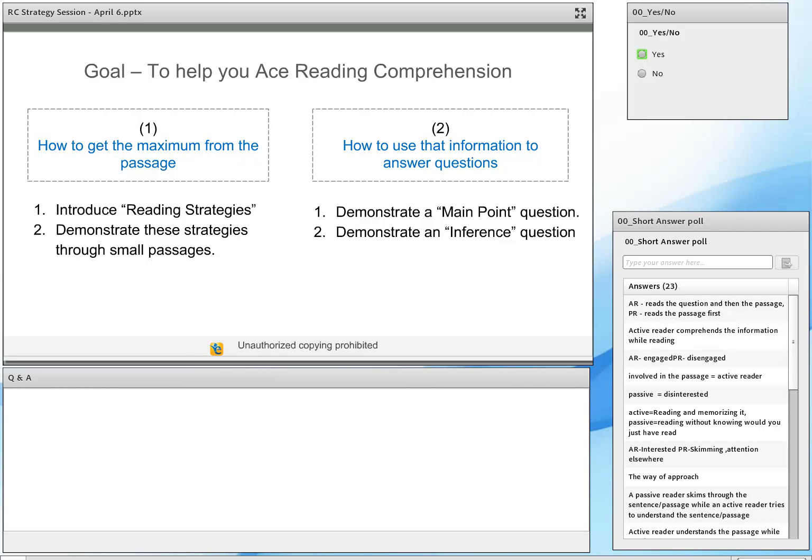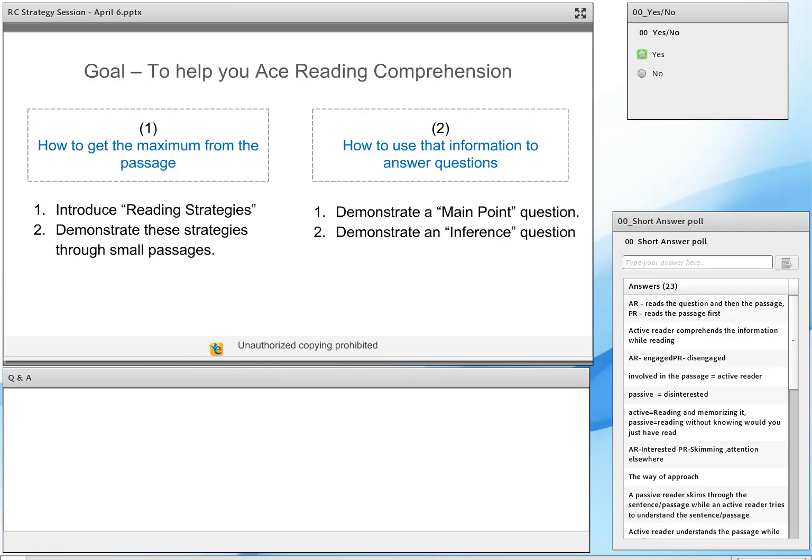And for that, it is absolutely essential that we focus on understanding in a very short, in a limited space, and then we show you how you can solve questions utilizing that understanding so that you understand what is important to ace reading comprehension. Okay, so we'll be discussing two small passages.